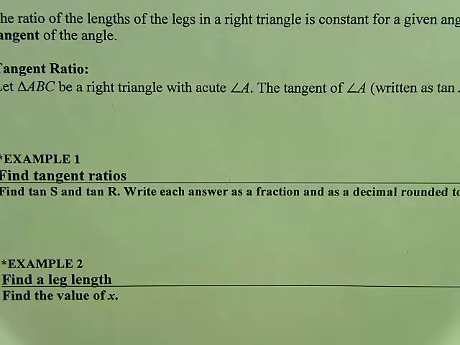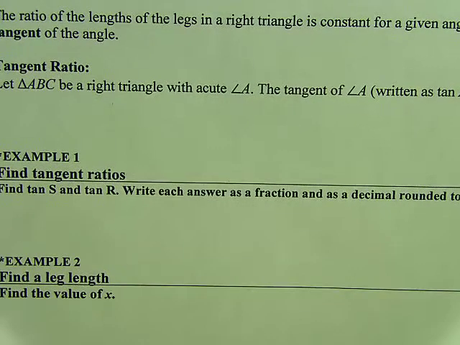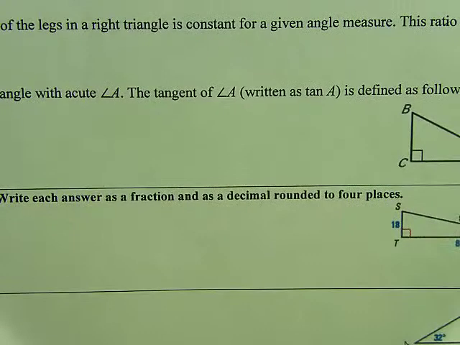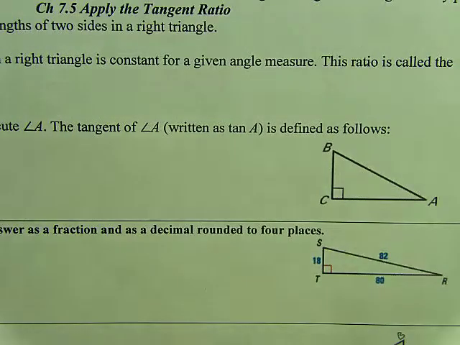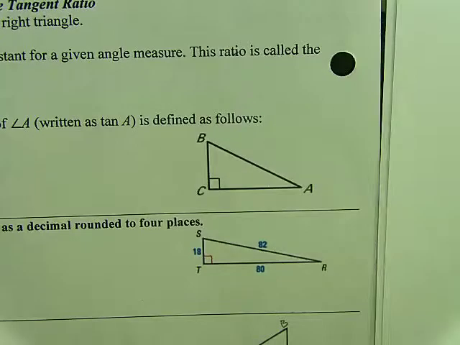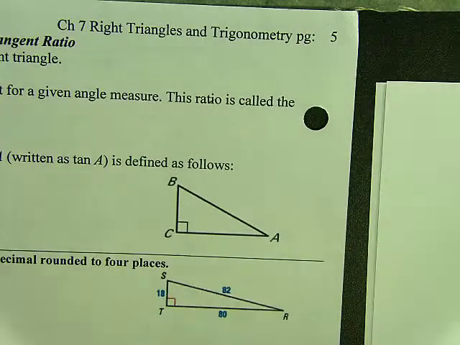So the tangent ratio: let triangle ABC be a right triangle with an acute angle A. The tangent of angle A, written as tangent A, or tan A, is defined as follows. So we're going to write this down. Let's go ahead and draw a triangle before we do this and label it.